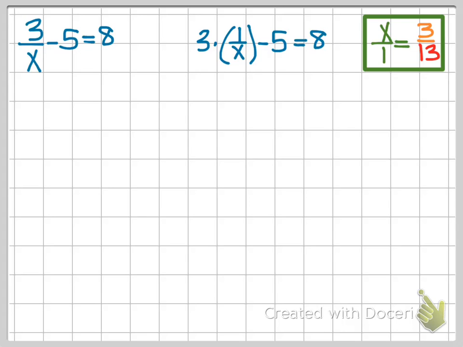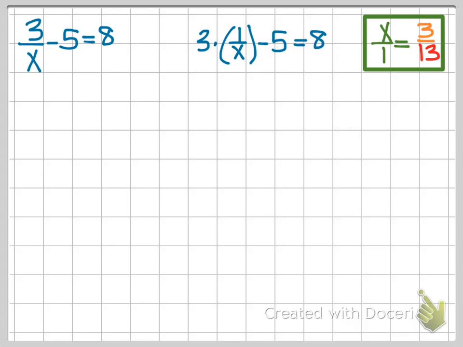So now that we have our solution, you can see that I wrote the equation twice: the original way that it was expressed, and then the way that we rewrote it, 3 times the inverse of x. We're going to prove that the solution fits for both equations, just so you know that we really didn't change anything mathematical.